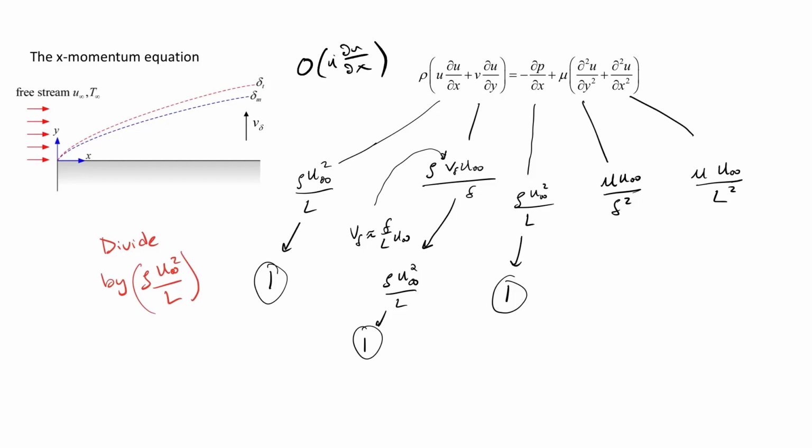And then we have to figure out what to do with the last 2, and this is where we left it. Okay, so let's do the last part here. If I divide this 4th term by rho u infinity squared over L, we end up with the following.